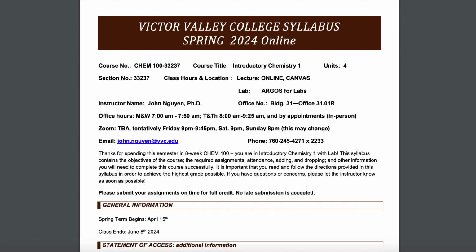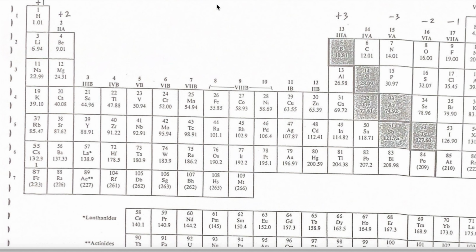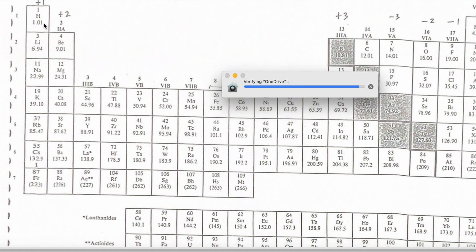Now back to the periodic table. If you look at hydrogen right here, the mass is the larger number. It's 1.01. Notice the atomic number is a whole number because it's the number of protons, but the average mass is not a whole number.